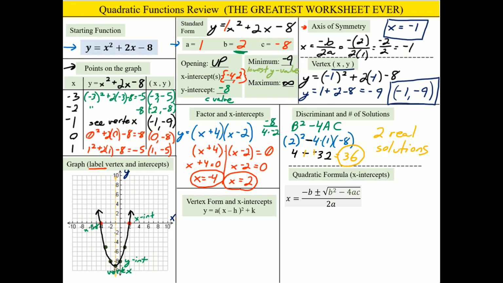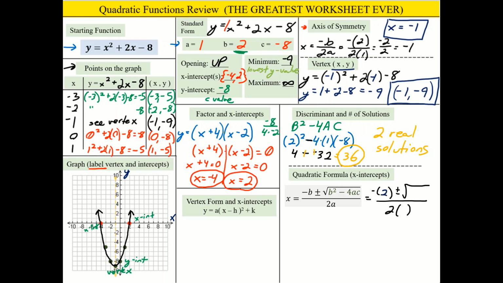All right, let's move on now to the quadratic formula. So the reason I like to do discriminant first is there's less now to substitute. All I need to substitute is the b value, plus or minus. I already did everything underneath the square root, and then 2 times a. Don't forget the a. All right, so the 3 things I have to substitute. The b value is 2.